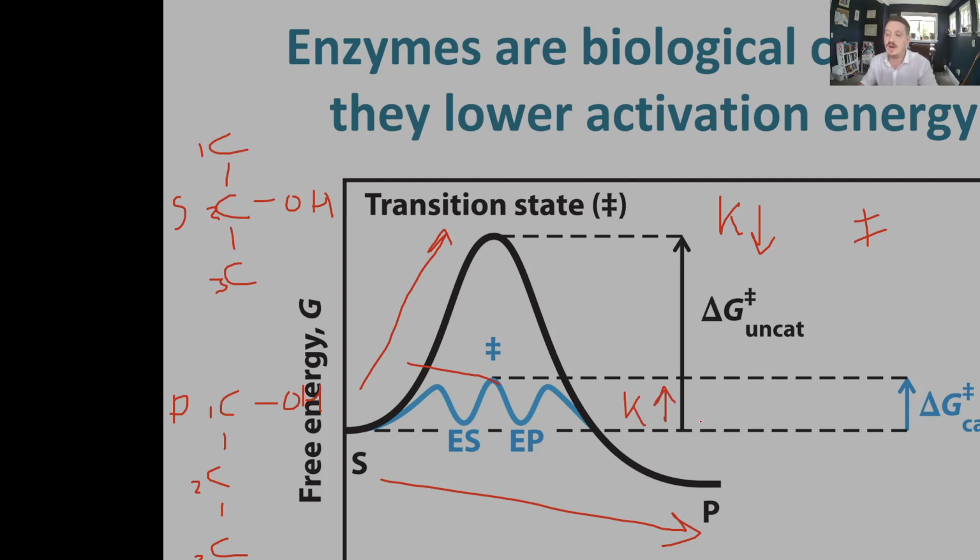And what we're describing is that the energy required to get to the transition state is going to be delta G transition state, and uncatalyzed is going to be uncat, and catalyzed is going to be cat. You'll notice that for uncatalyzed, the number is bigger than catalyzed, so less energy is required.